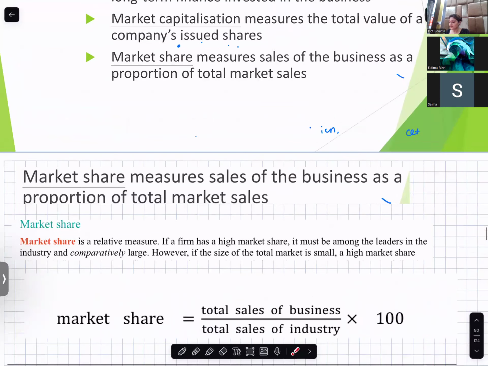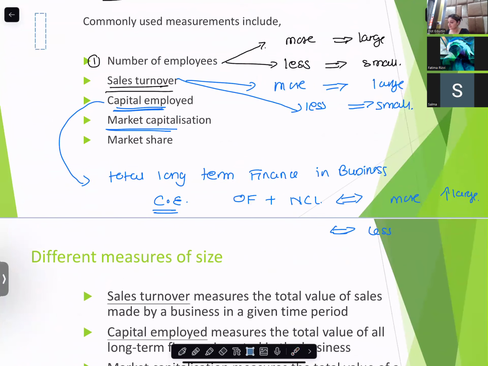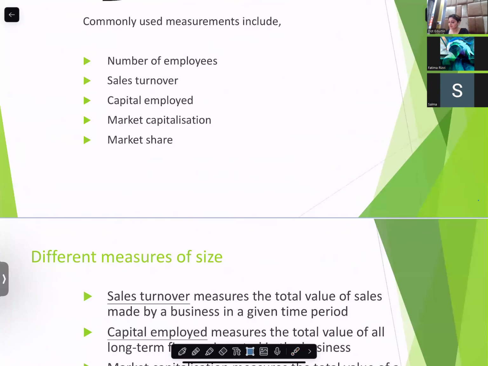So can you tell me the different ways of measuring the size of the business? The revenue. Number of employees. Capital employed. Market capitalization and market share. And even your sales turnover. Okay. Go ahead with it.